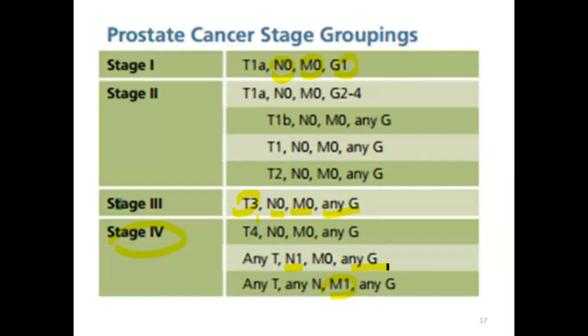Anyway, I will include it. If the Gleason score is less than 6, it is low risk. If it is 7, we call it moderate. If it is 8 to 10, it is normally a high-grade type of tumor.